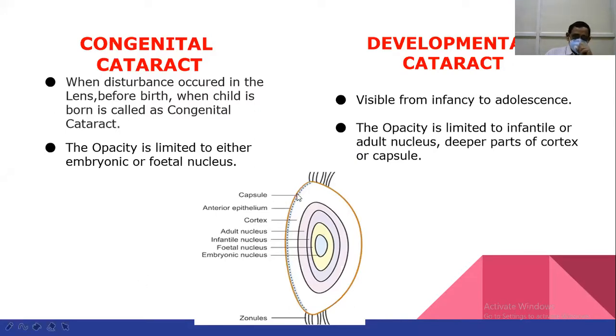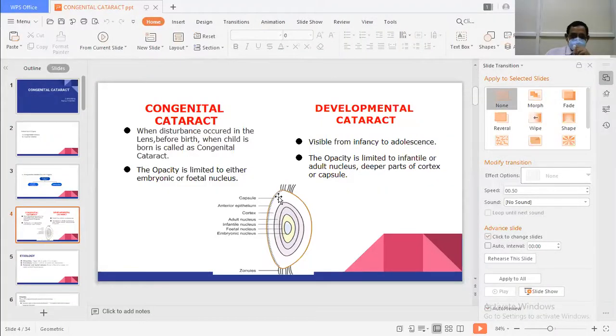Parts of the lens. The nucleus of the lens consists of four parts: embryonic nucleus, fetal nucleus, infantile nucleus, and adult nucleus. These nuclei are formed at developmental stages.